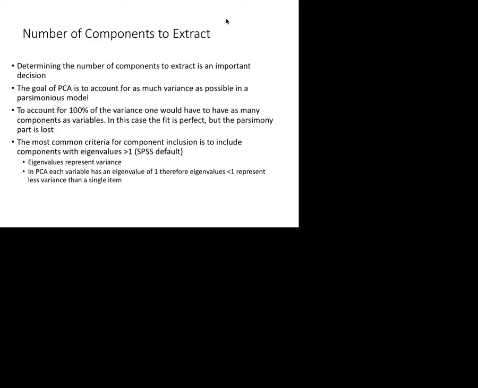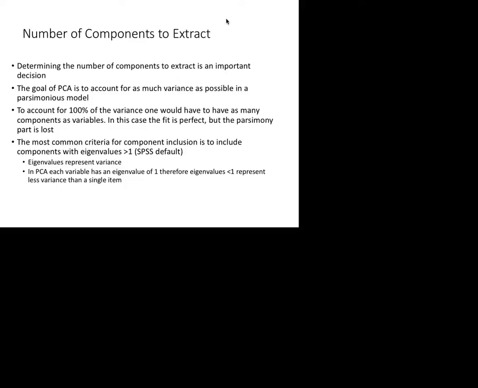So one of the questions that we have to answer is, how many components should we extract? It's an important decision, and we want our analysis to account for as much variance as possible in a parsimonious model, right? We could account for 100% of the variance if we had as many components as we have variables, but that doesn't seem like a very reasonable solution.